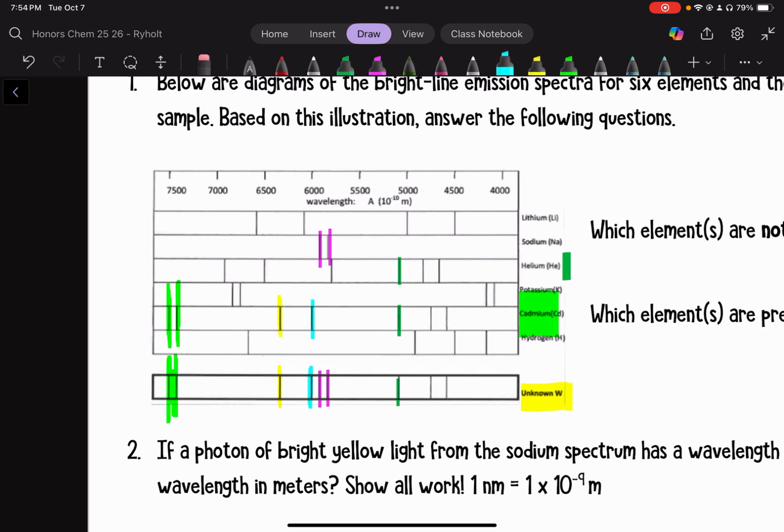Next I'm going to do this one, and this one's present. That's not surprising, we would expect that to be the case. And this one is present there and pretty much nowhere else. So if I'm looking to see which of these are present, the answer is cadmium is present and then sodium is present.